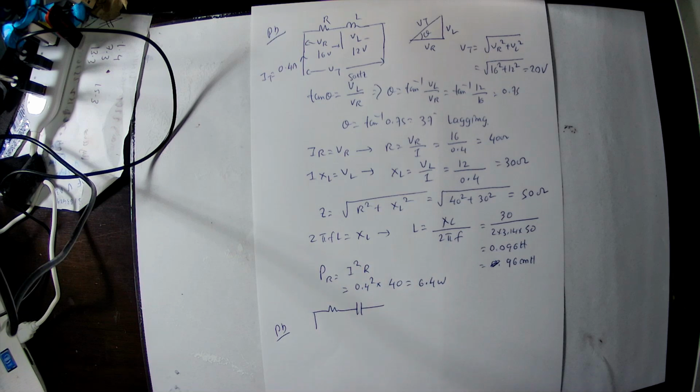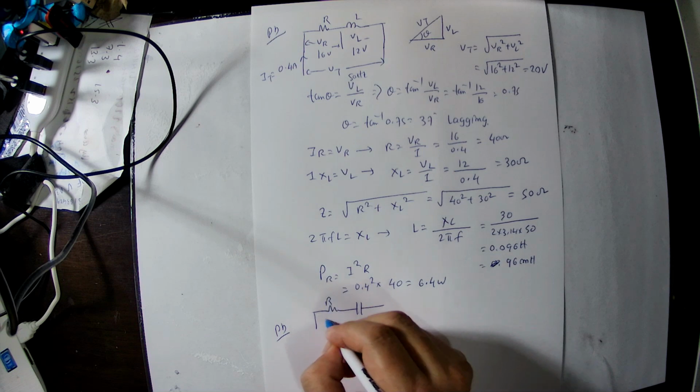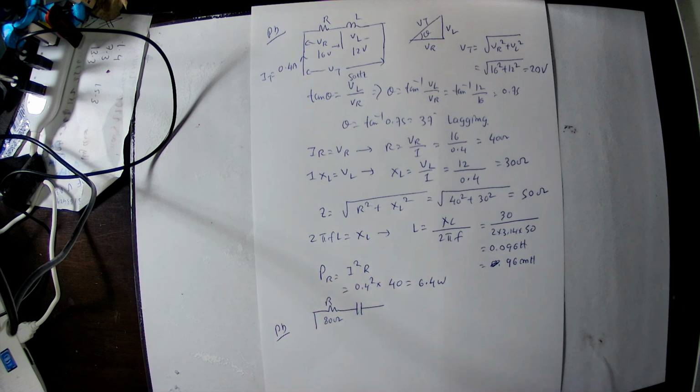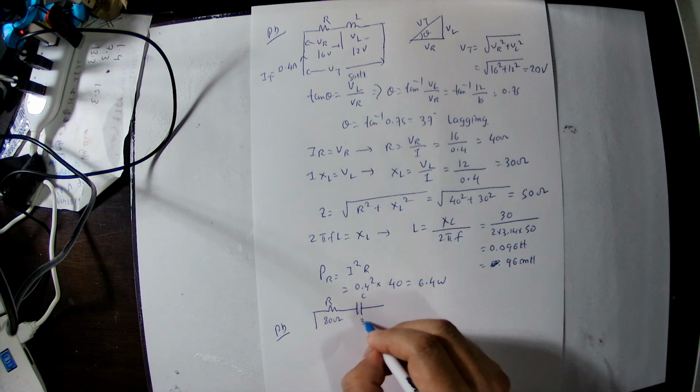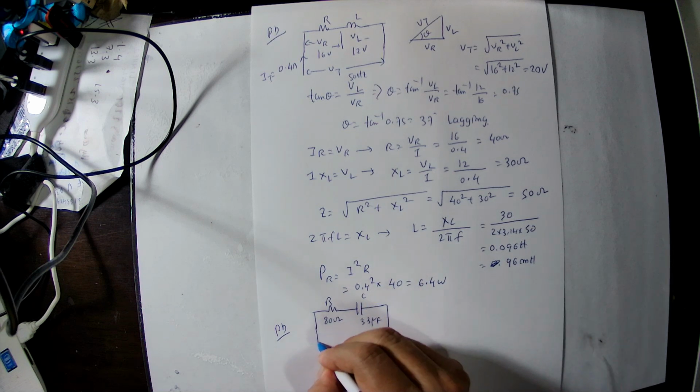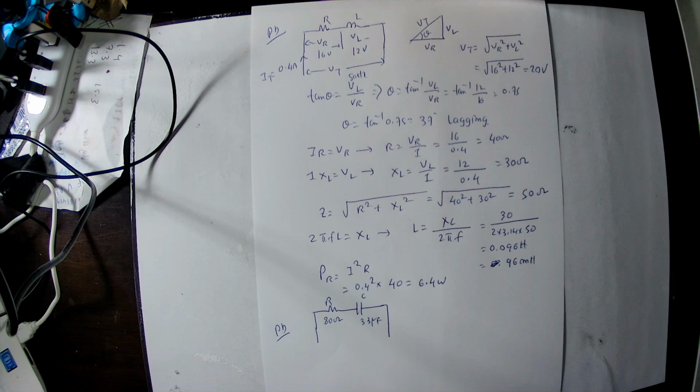Resistor value is 80 ohm, capacitor value is 33 microfarad, the current drawn is 2 ampere. We have to find out the voltage.